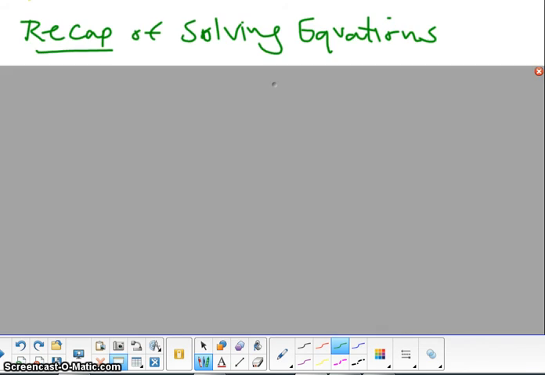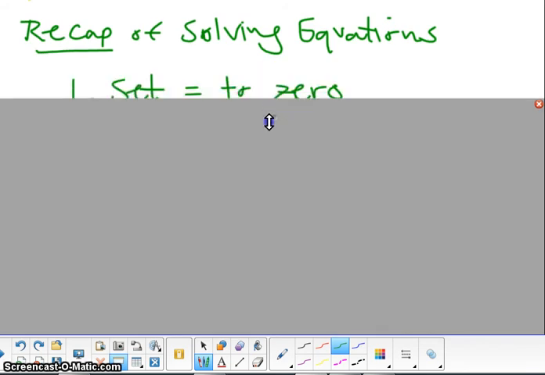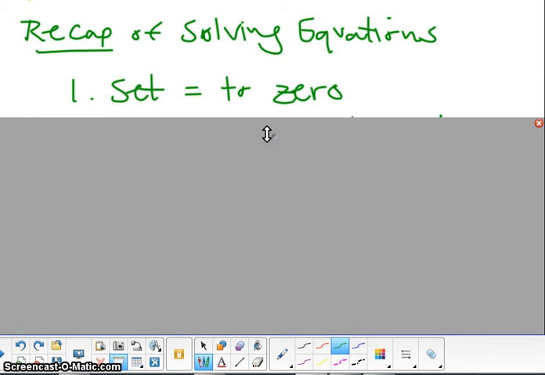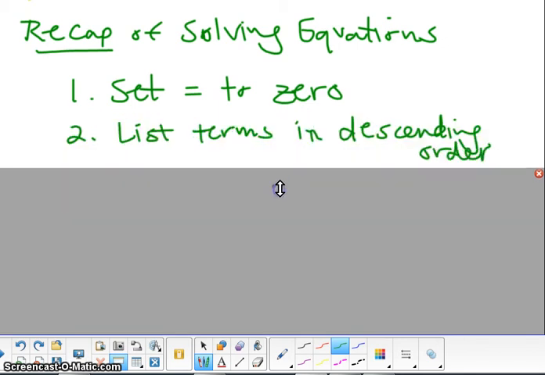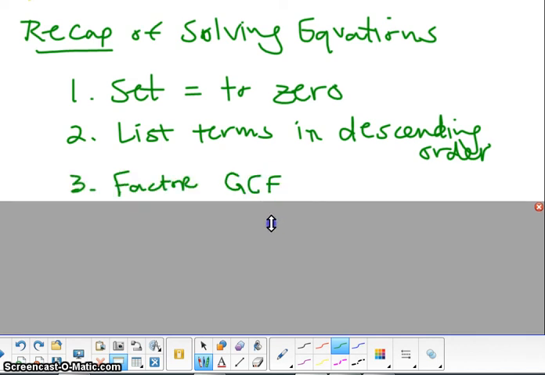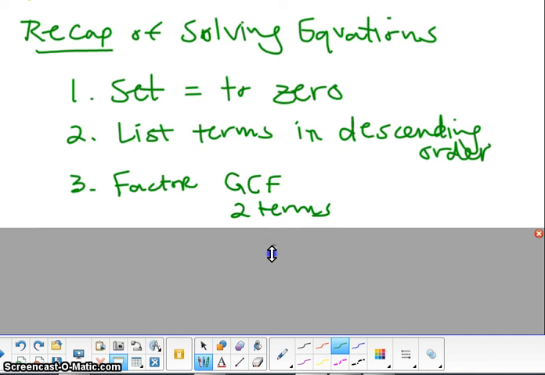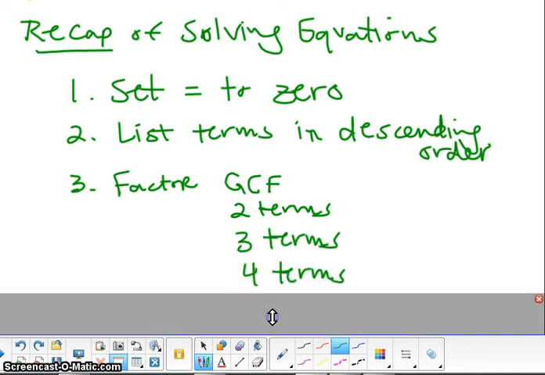So with the last couple minutes here, let's recap what we did to solve equations by factoring. The first thing we have to do is set equal to 0. The second thing, list the terms in descending order. The third, you're going to factor by GCF, and maybe a combination of 2 terms, 3 terms, 4 terms.